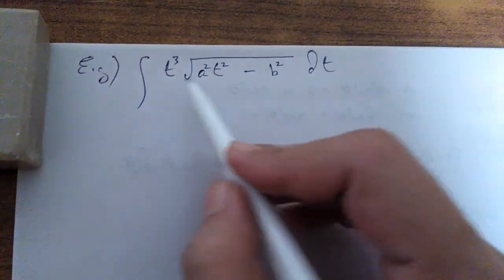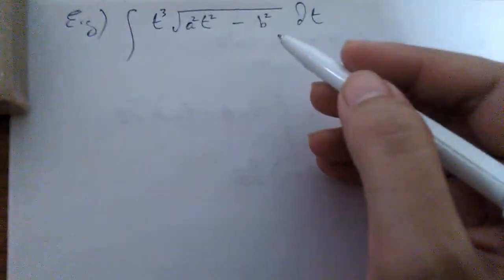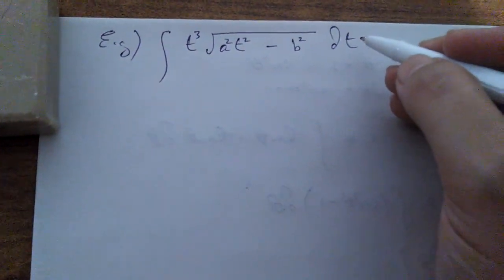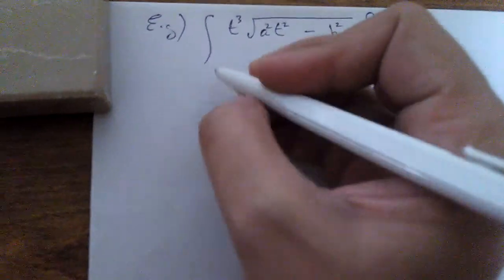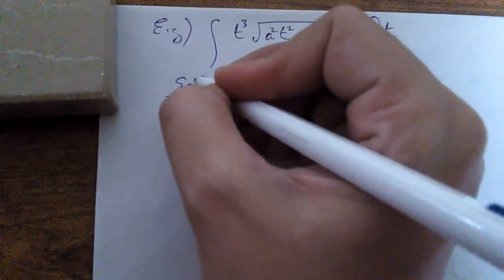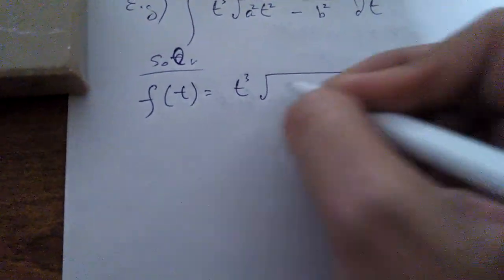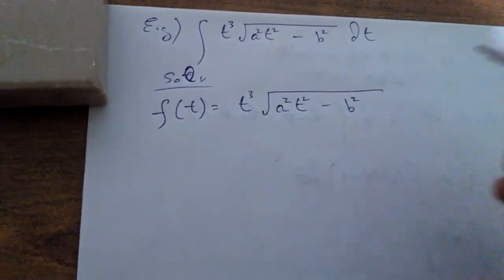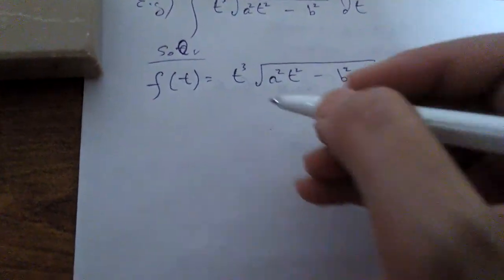So here it is, another example relating to your third type. Now here you can observe that instead of f of x, my function is f of t. So your f of t over here is something like this, and you just apply the trigonometric substitution that we are discussing right now.